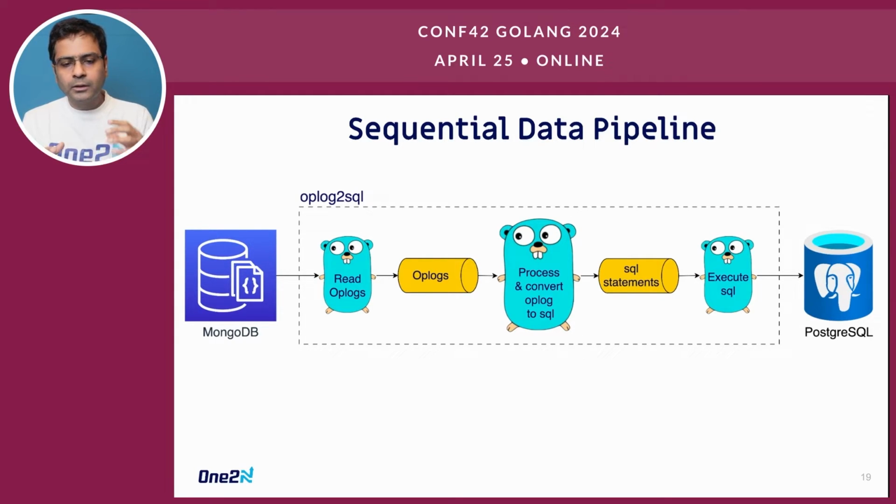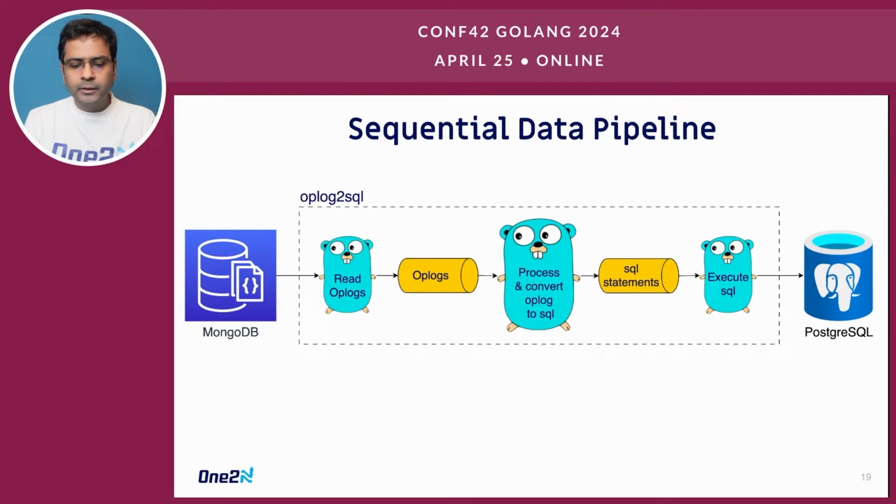Once that's done, we put them into another channel. From this channel, another Go routine picks up these SQL statements and basically does raw inserts in Postgres, right? So imagine we wrote this program with this kind of sequential data pipeline.